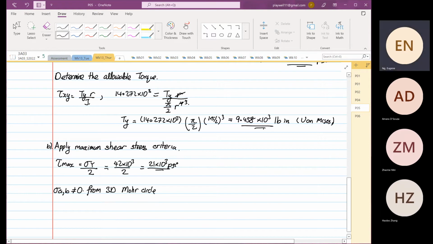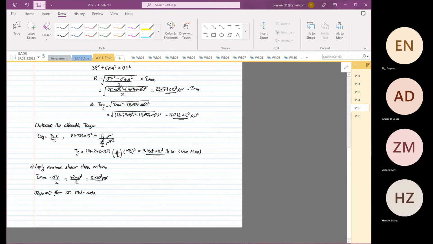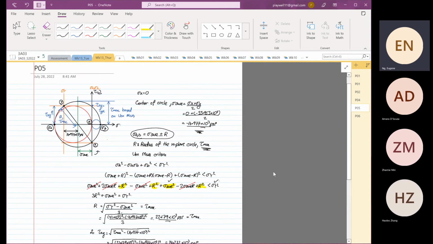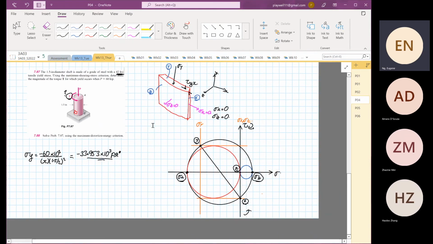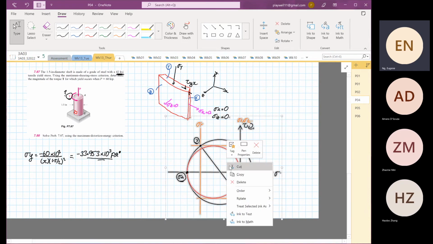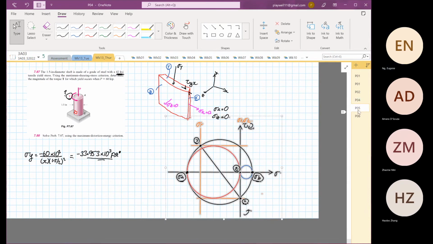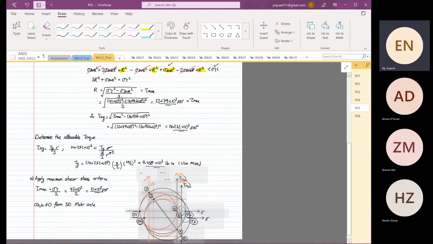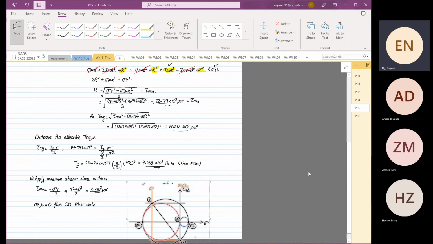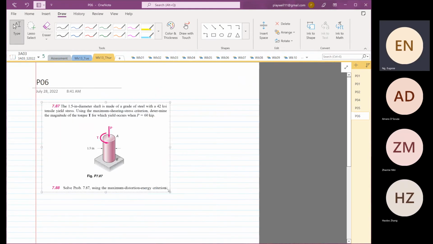The Mohr circle is still the same. Let me copy the Mohr circle again. The stress state Mohr circle is still the same, regardless of the criteria you use. Let me do this in another page.